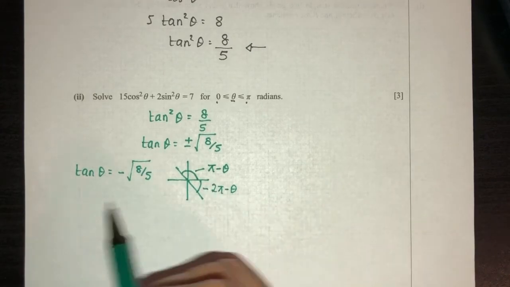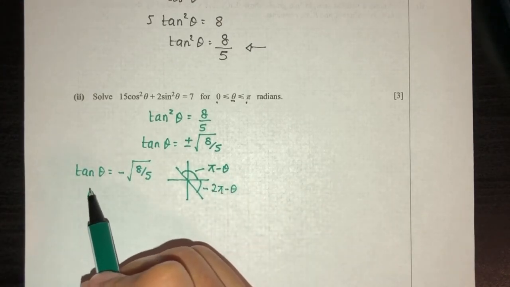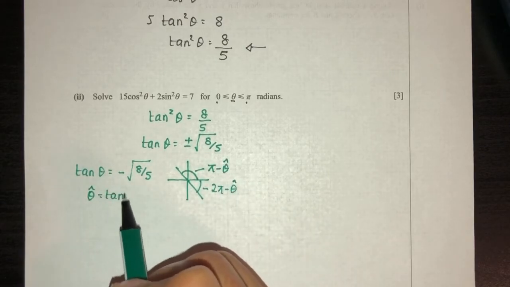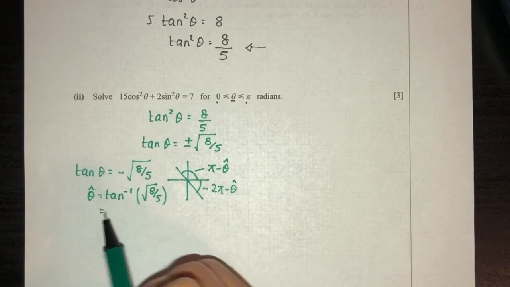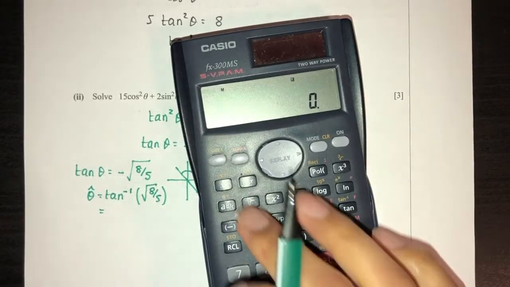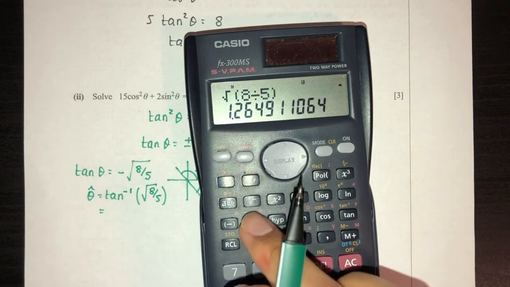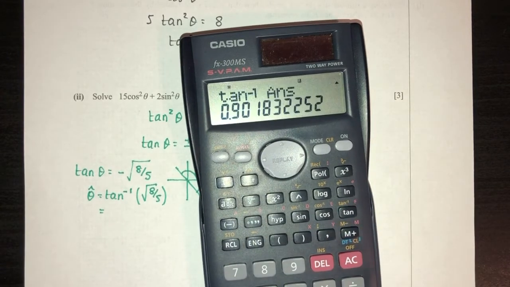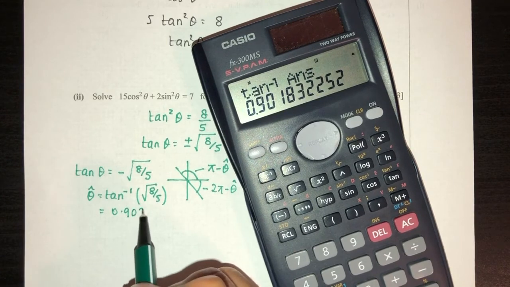Okay, now let's find the value of the positive theta. Positive theta, let's call this one, will be tan inverse of the positive value. Let's see what we get. So root of 8 divided by 5, tan inverse of that, you will see that will be 0.902.